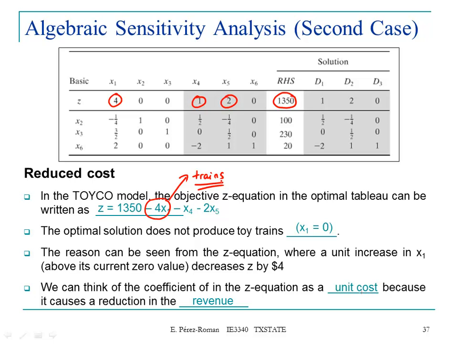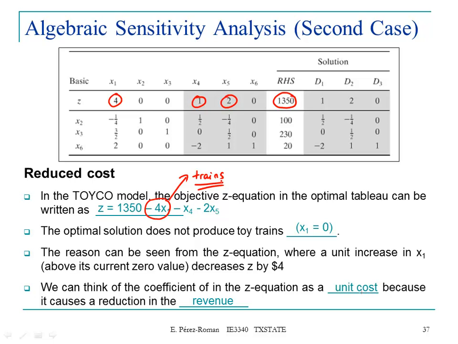If we increase the value of x1, that will decrease the value of the objective function by 4. So if you produce a unit of trains, you will make less than what you would get by not producing those units. Does that make sense?